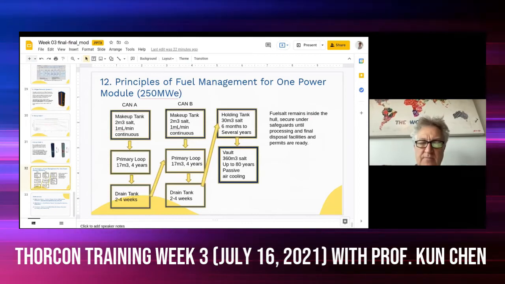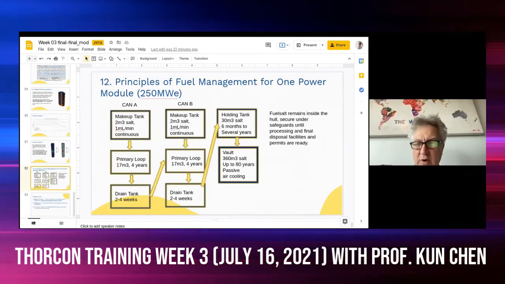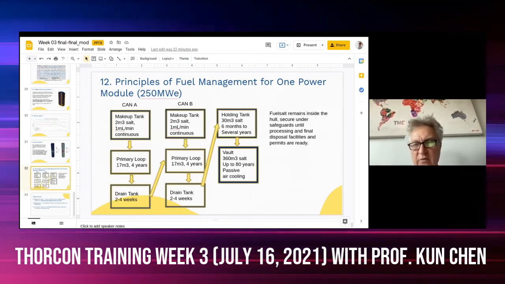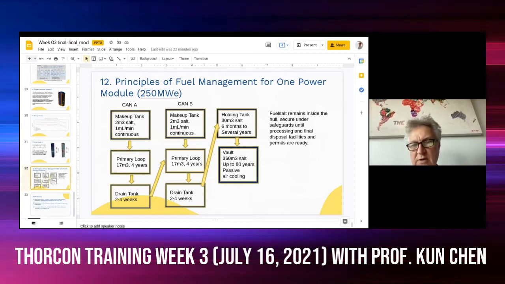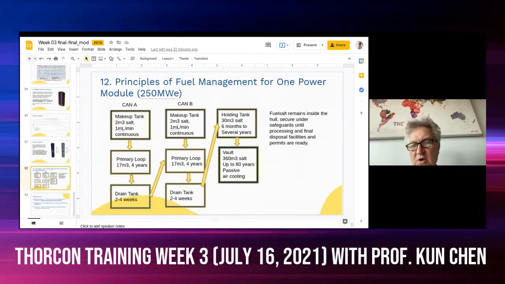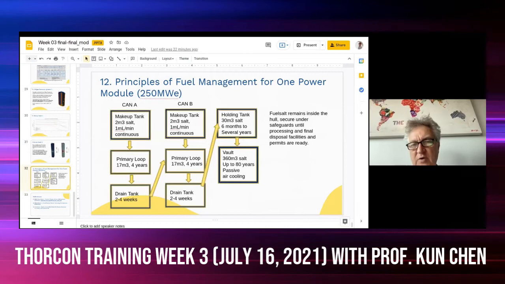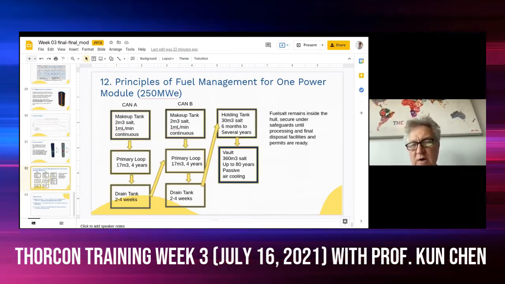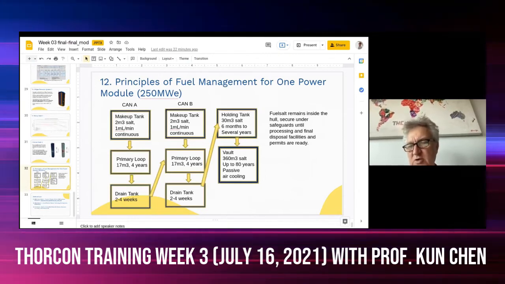As the fission products build up, the trifluoride content of the fuel increases. And so you want to retire the fuel before you get to that solubility limit, because it's hard to predict whether the plutonium is going to precipitate out first or the fission products, but we definitely do not want to have any precipitation of plutonium concentrating in some spot.